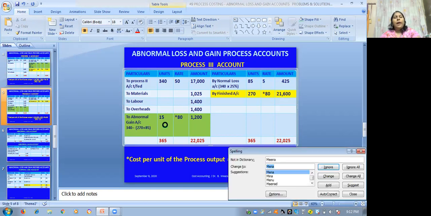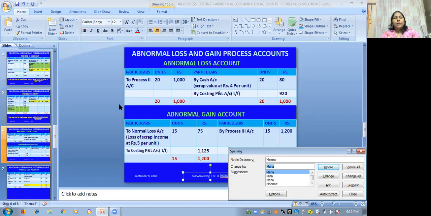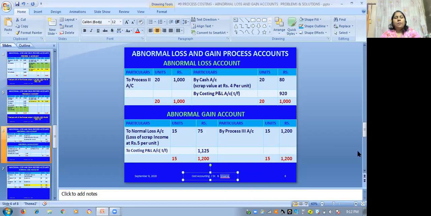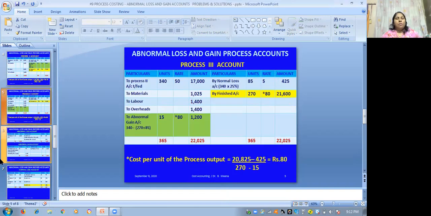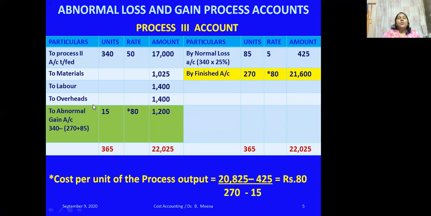So abnormal gain, how to work that out? So check out this problem. Once again, okay, that is a small mistake I made, I corrected it here.